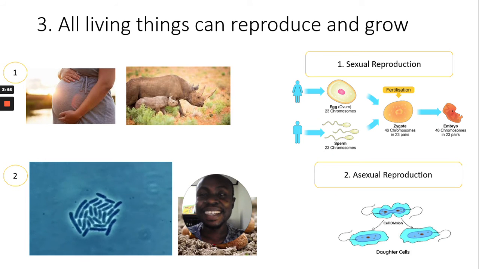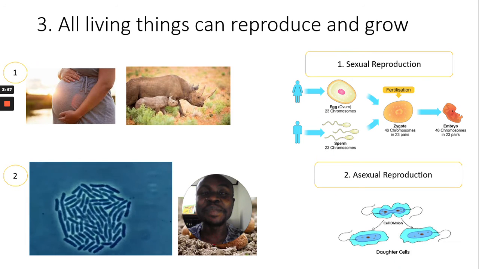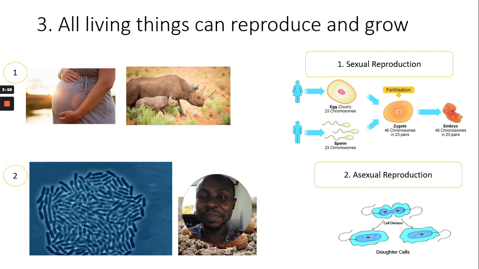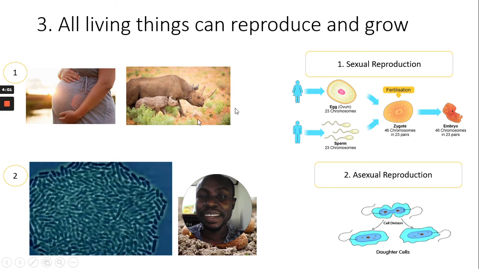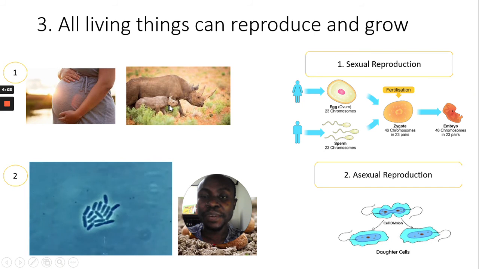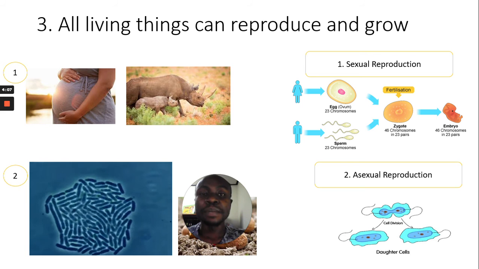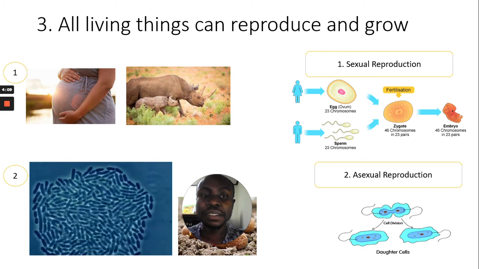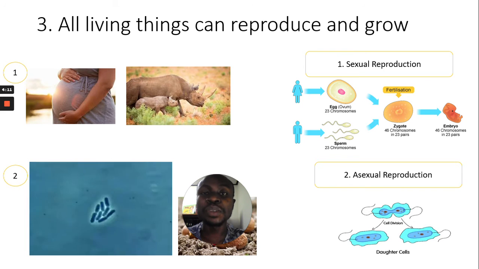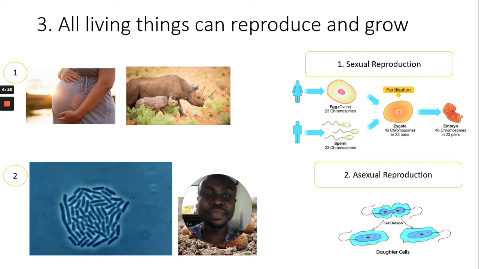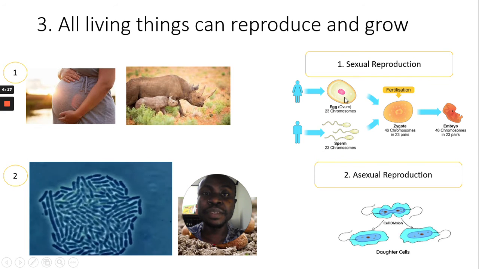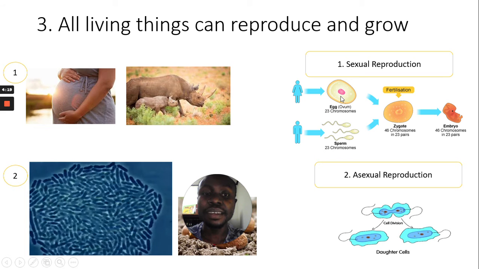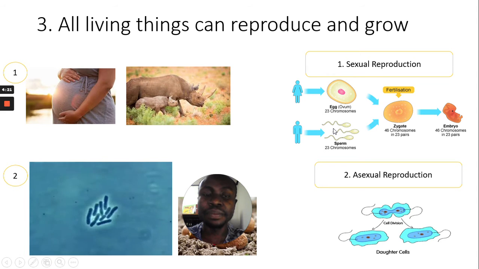Number 3 is that all living things can reproduce and grow. So here are examples, a rhino with a baby rhino. Now, some living things reproduce through sexual reproduction. What does that mean? It means there is an egg from the female or the mother and the sperm from the father.